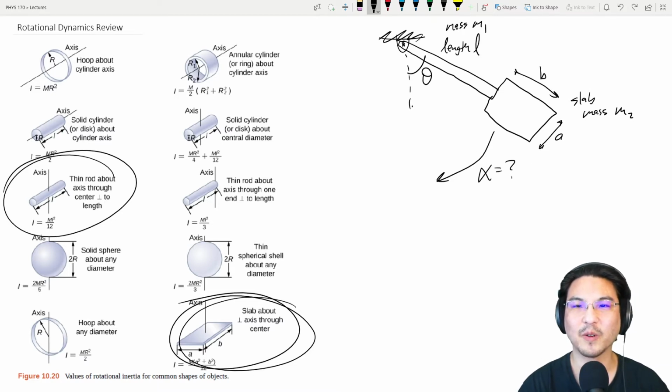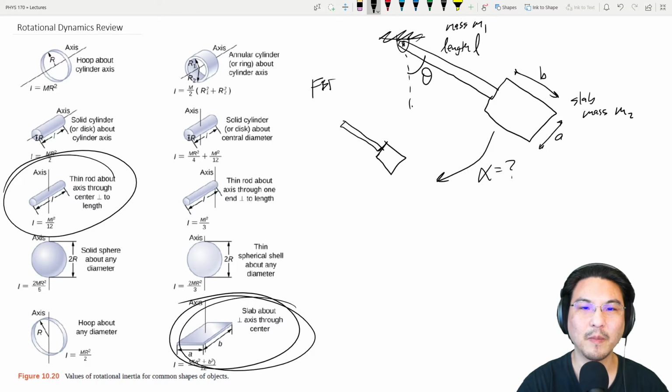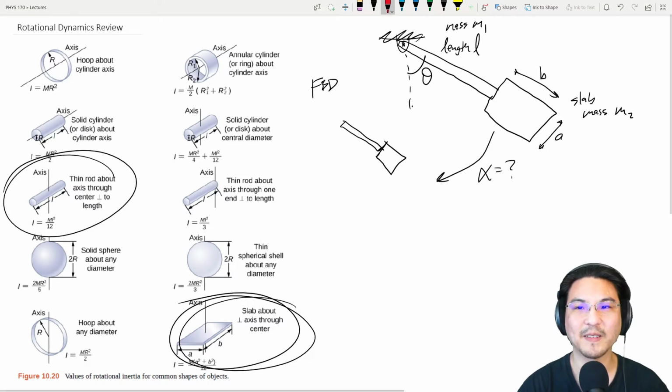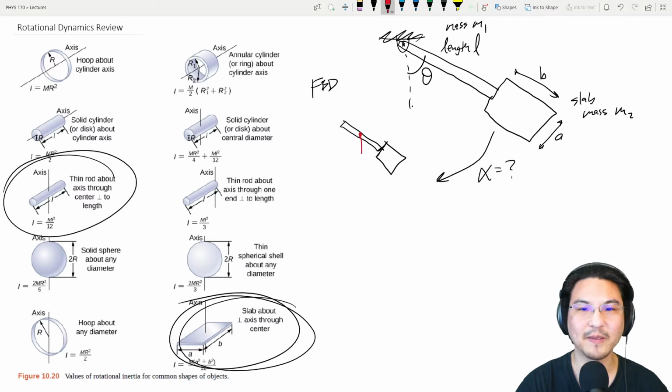You draw the free body diagram, right? So there's the free body diagram, all the forces acting on it. The bar has mass, so it has a weight. The slab has a mass, so it has a weight at the center of mass.